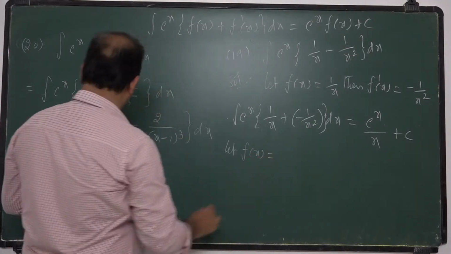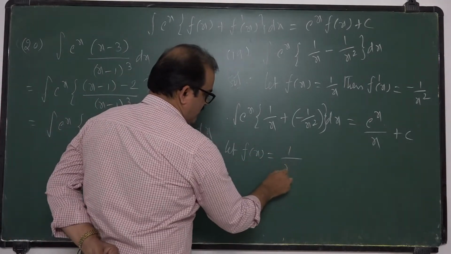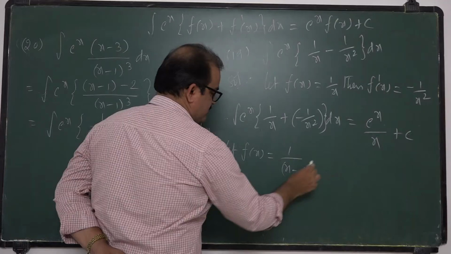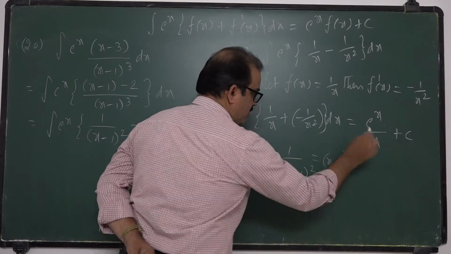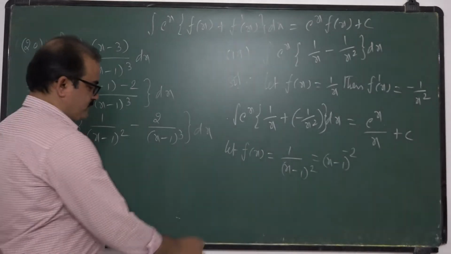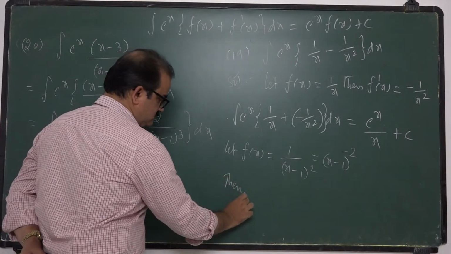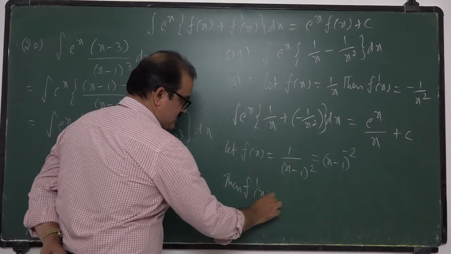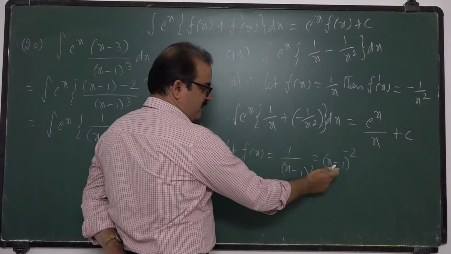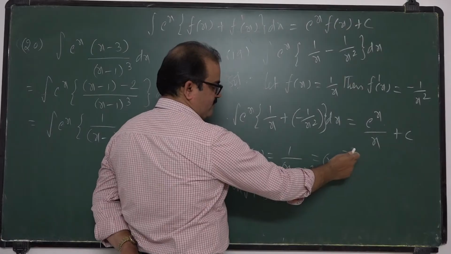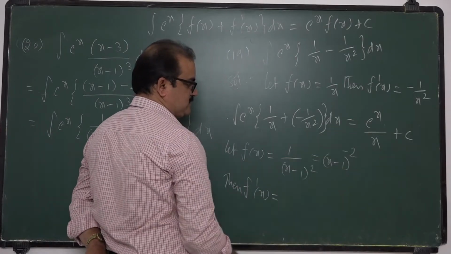Let f of x is equal to 1 by (x minus 1) whole square. This is taken as (x minus 1) whole to the power of minus 2. Then f dash x is equal to the derivative of this. This is in the form of x power n. What is the n value? Minus 2.